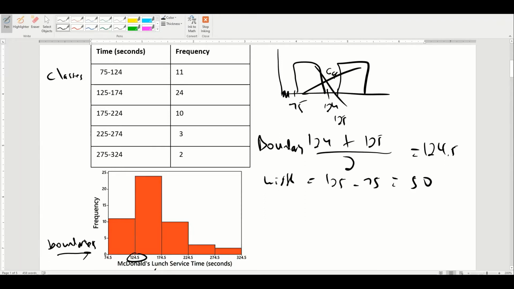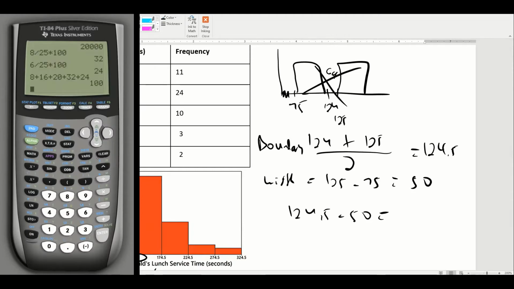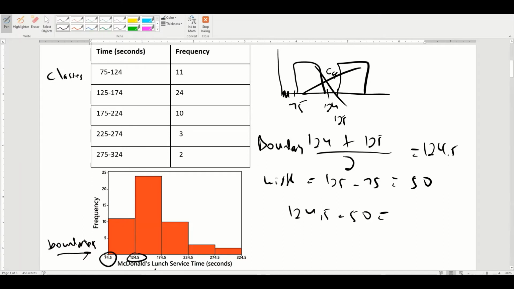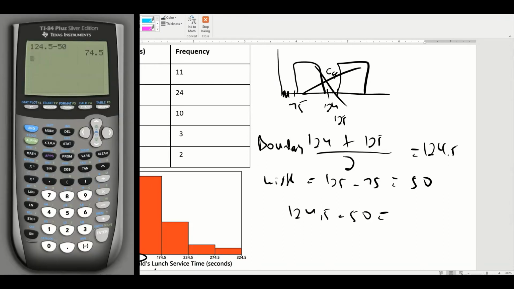So to get the previous boundary, you take 124.5 minus 50, and you'll get 74.5. And then if you keep on adding 50, you'll see the other ones.